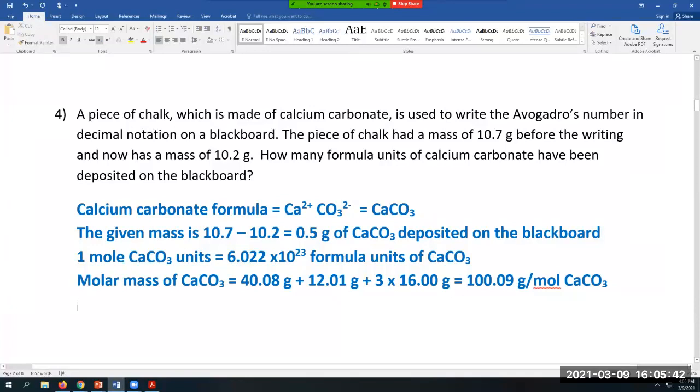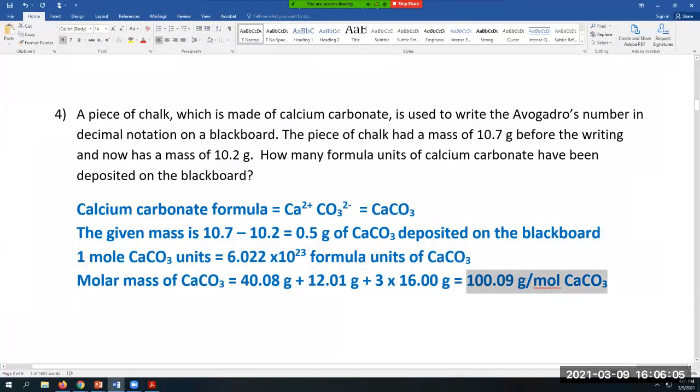So then you do 1 times the 40.08 grams for calcium, plus 1 times the mass of carbon, so 12.01 grams, plus 3 times the molar mass of oxygen, so 3 times 16 grams. And that's a total of 100.09 grams per mole.